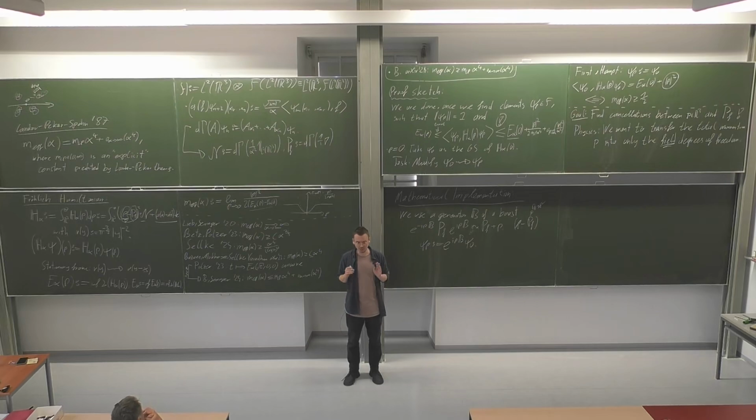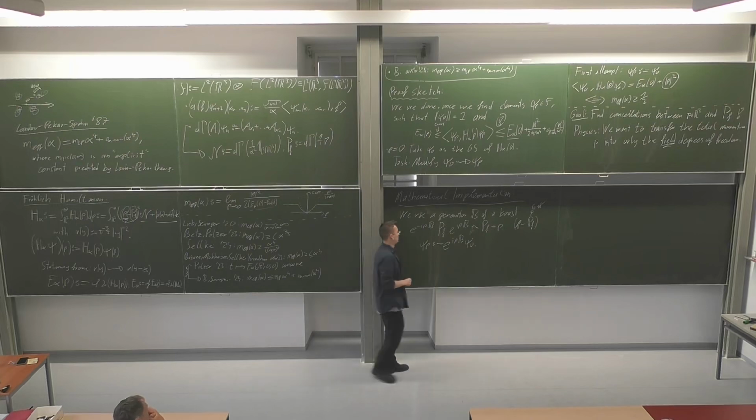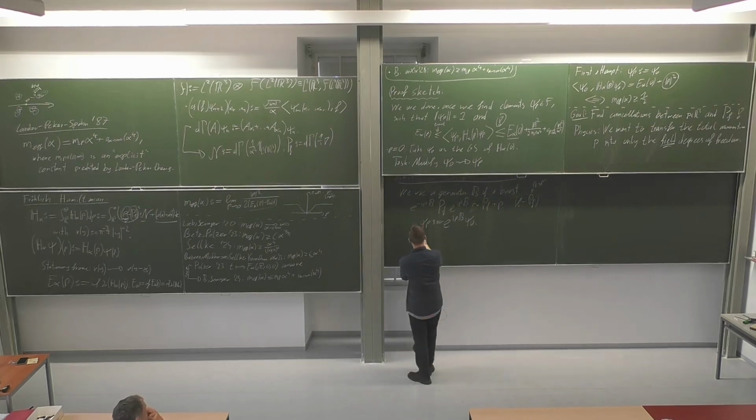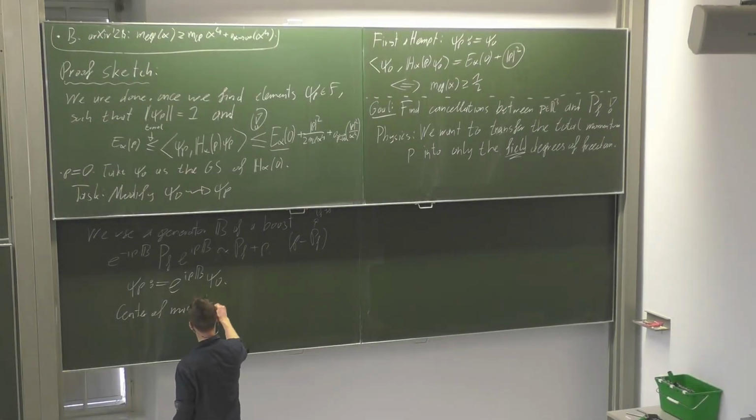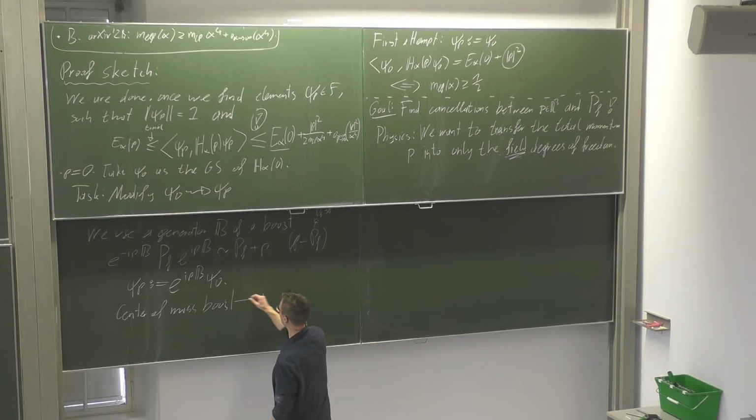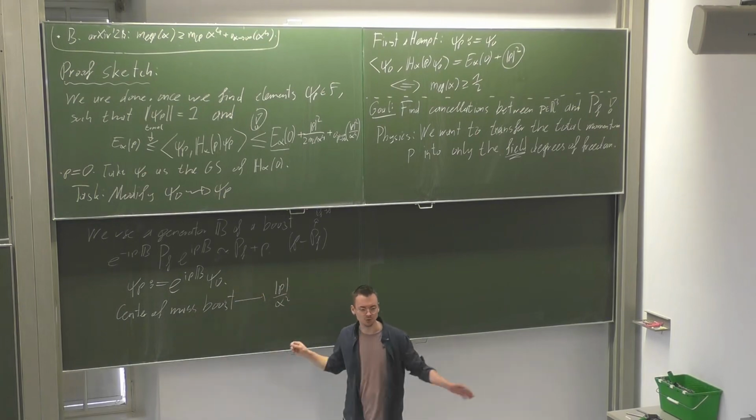And I just want to finish with the sentiment that this is a very subtle task. For example, if you just plug in the center of mass boost, you only get absolute value P divided by alpha squared. So this actually fails in two regards.